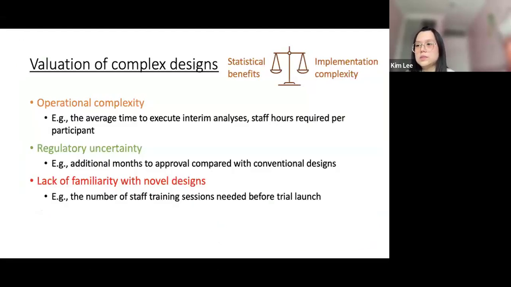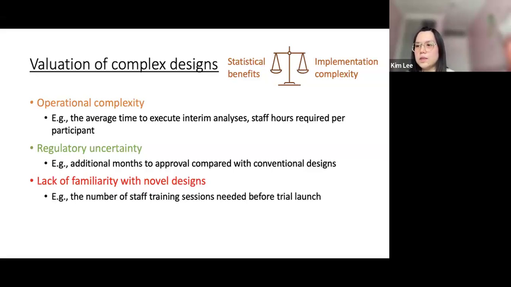In addition to the statistical properties, investigators may also consider aspects related to implementation when doing the evaluation of the complex design. It will show a clearer picture as we know the benefits of complex trial designs may not always outweigh the operational and analytical complexity they introduce.